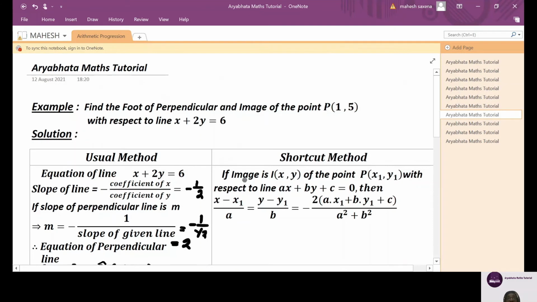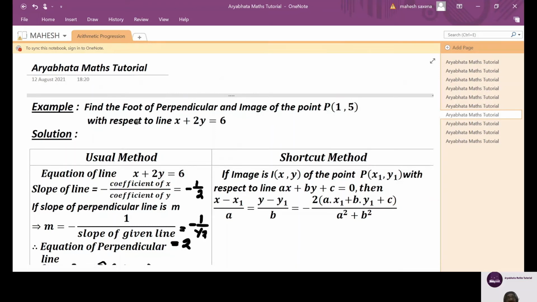In the direct method, if the image is I x, y and the point is x1, y1 with respect to ax plus by plus c, then x minus x1 upon a is equal to y minus y1 upon b is equal to minus 2 into ax1 plus by1 plus c upon a square plus b square.